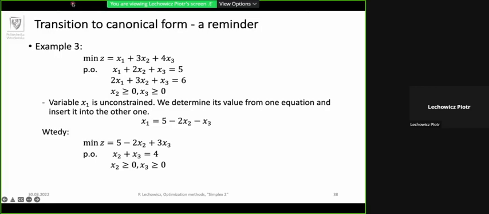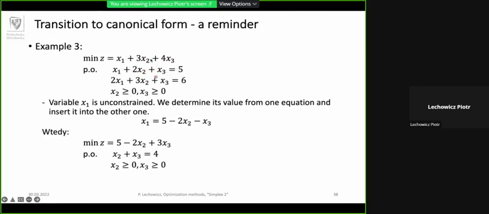In this third example, the problem is that variable x1 is unconstrained. So for variables x2, x3, we have a constraint that they are greater or equal than 0. For x1, we do not have such a constraint. So we can eliminate this variable by determining its value from one of the equality constraints.